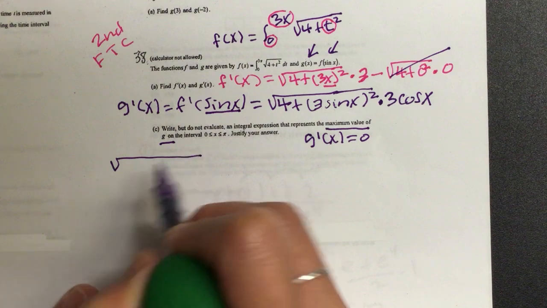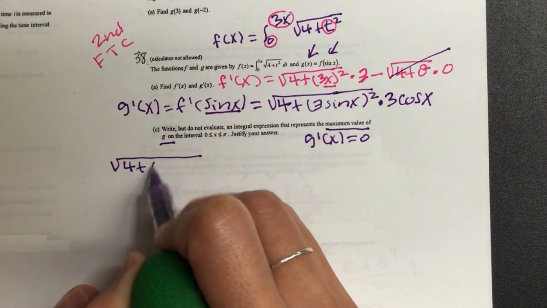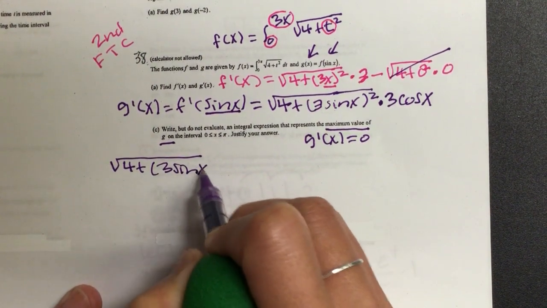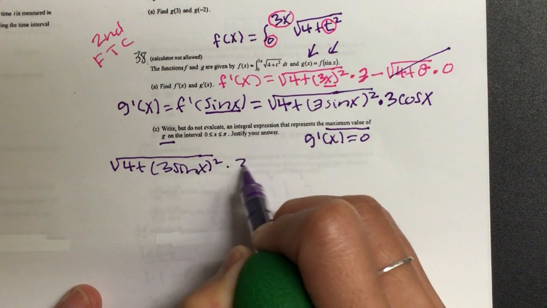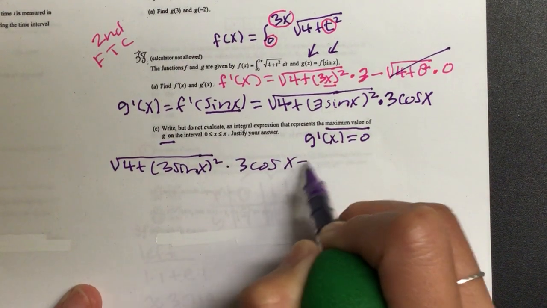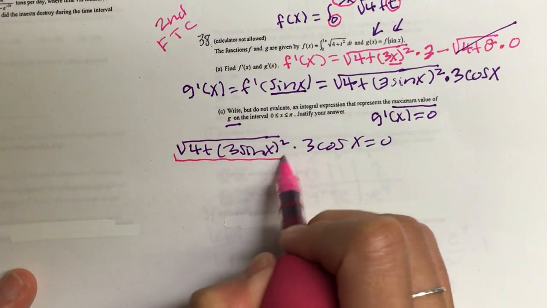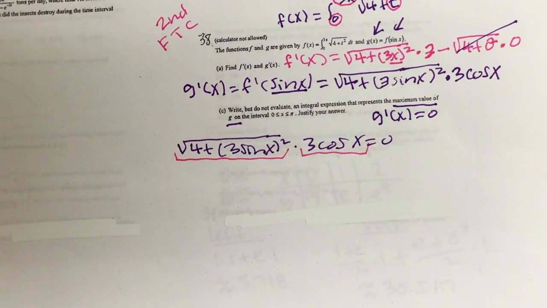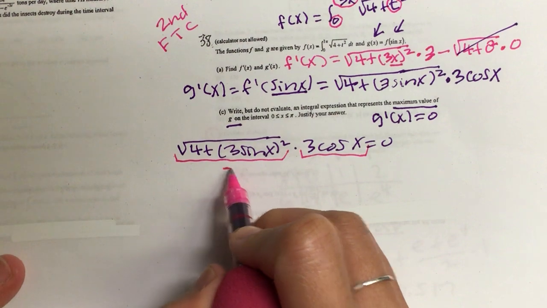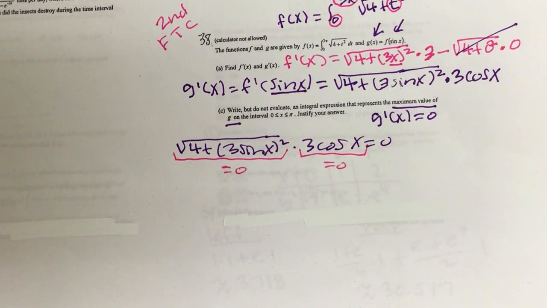So we have the square root of 4 plus 3 sine of x, all squared, times 3 cosine of x, equal to 0. So let's set the first one equal to 0 and the second one equal to 0. So when I do, something weird is going to happen on the first one.